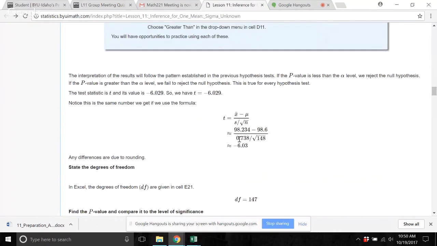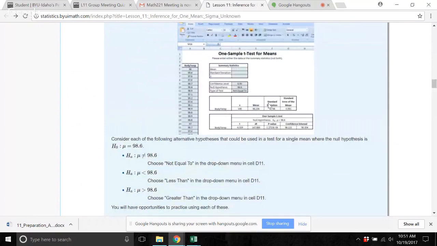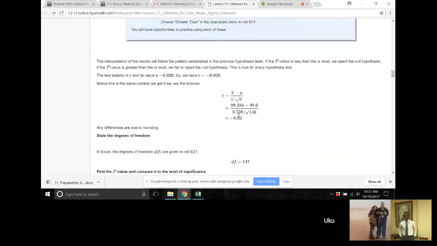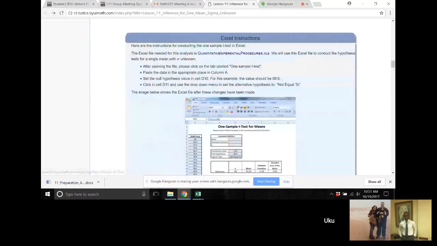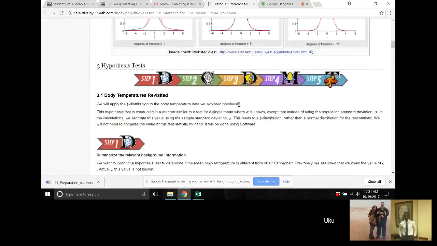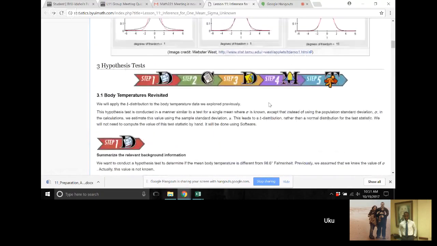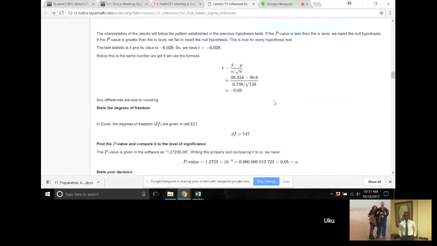So x minus mu, 98.234 minus 98.6, and 0.738 is the standard deviation. Yeah, so right here they put 0.7, and according to the formula, yeah, I think you're right. This is more of a guess based on what I'm observing. If you guys think otherwise, I'm cool.